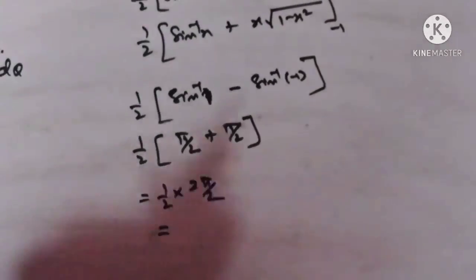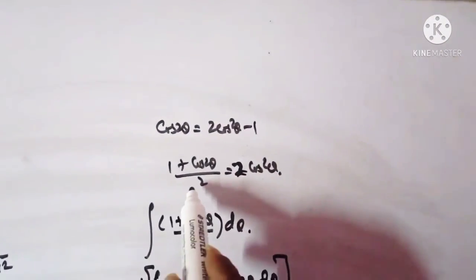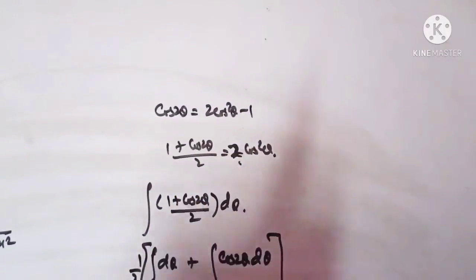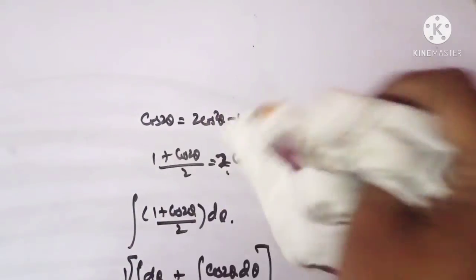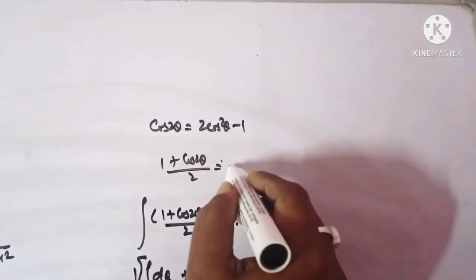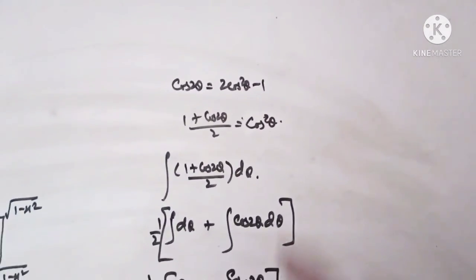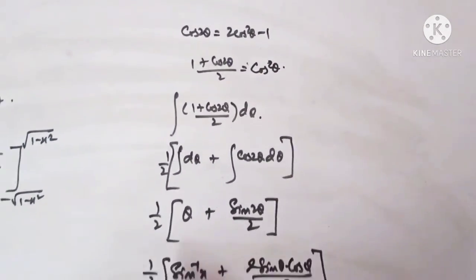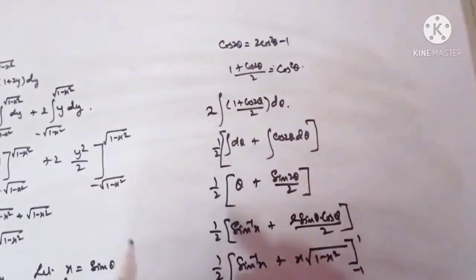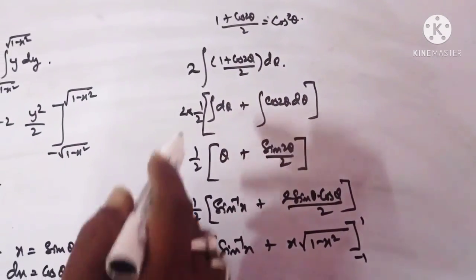I have a mistake here. 1 plus cos 2 theta by 2, and again I have kept the 2 here. So I have to remove this 2 now. This will be cos square theta, so your 2 is here, 2 and 2 cancel out.